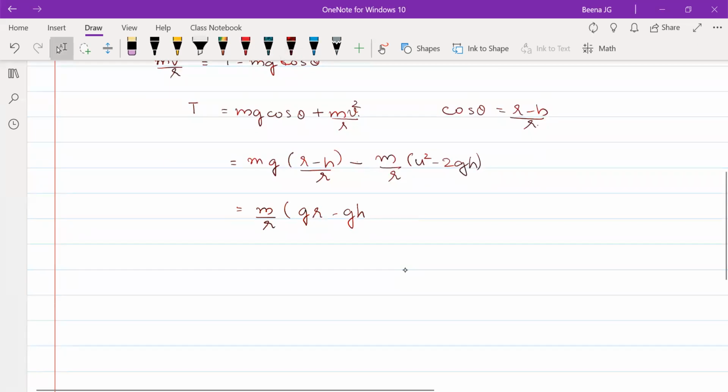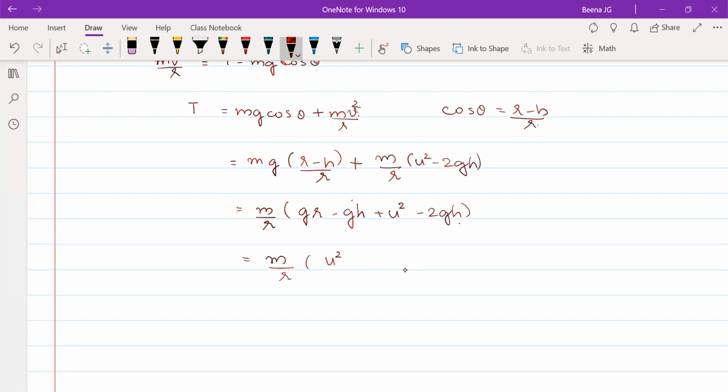Okay, here this was actually plus. So therefore, plus u square minus 2gh. So we are having gh and 2gh over here, that again we will simplify. That will be m by r into u square plus gr minus 3gh.